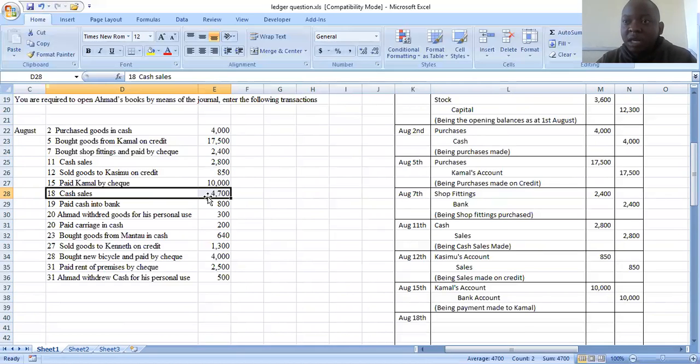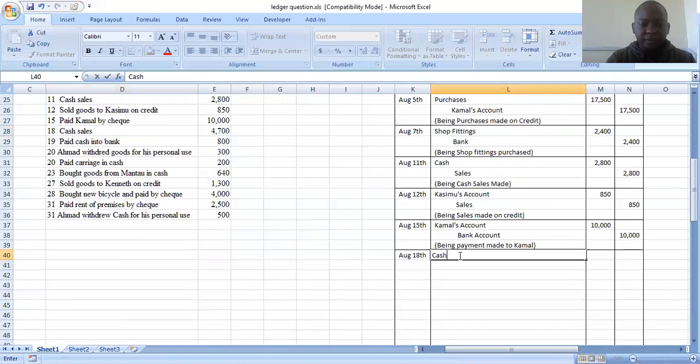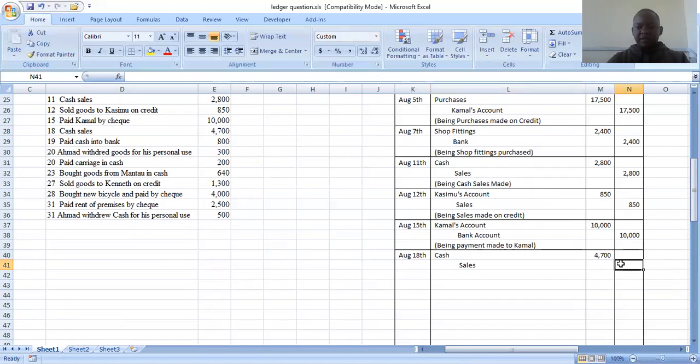And then the third question, which account is to be debited and which account is to be credited? Cash is an asset. In this case, cash is coming in, so therefore debit cash. And sales is a revenue, and whenever revenues are increasing, we're supposed to credit it. So we credit the sales account because the revenues in sales are increasing. So debit cash account, the amount is 4,700, and credit sales account, the amount is 4,700.